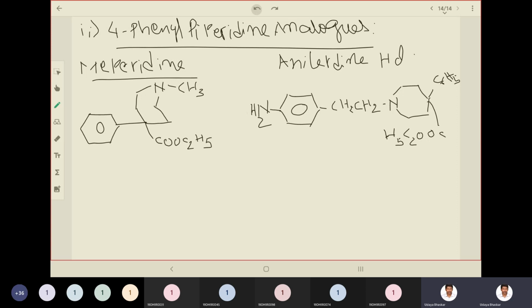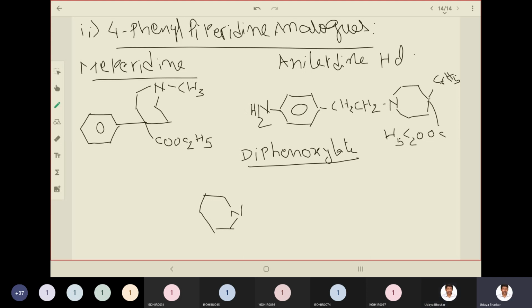Next compound is diphenoxylate hydrochloride. Hydrochloride is the salt. So how does it look like? Observe.